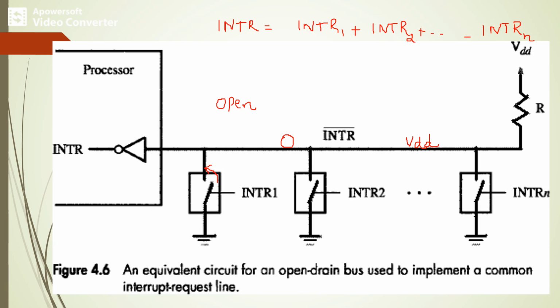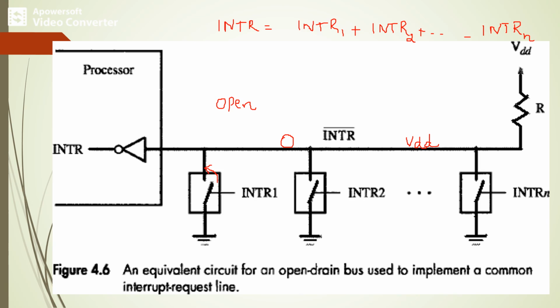so till n devices. In order to implement this, we considered open collector, that means open drain gates, to drive the INTR line. The output of such gates is equivalent to a switch to the ground that is open when the gate's input is in state 0 and closed when it is in state 1.